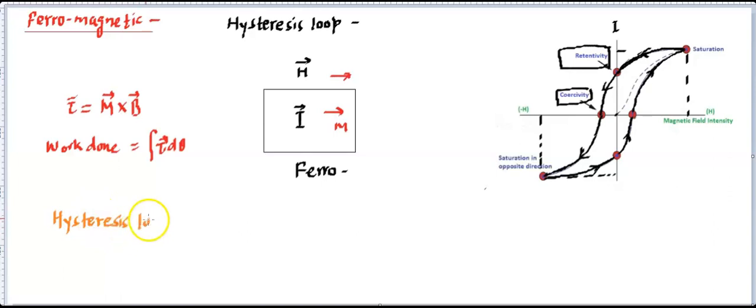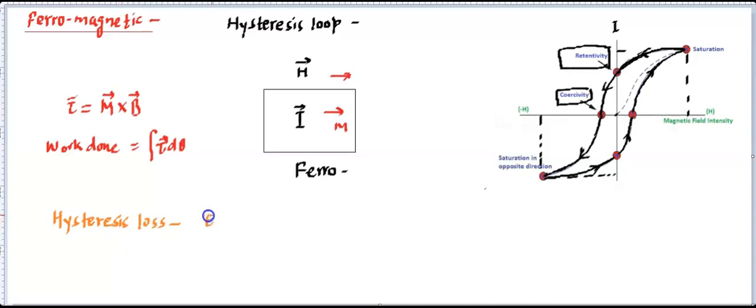So someone can ask you, what is a hysteresis loss? Then you can say, when we place a ferromagnetic material in a variable magnetic field, then the magnetic dipole moments have to change their orientations. For that to happen, some work has to be done, and this work done will require some energy. So that energy will be used in work done, hence energy will be lost. So that's called hysteresis loss.